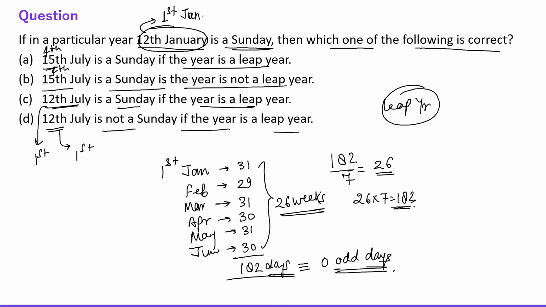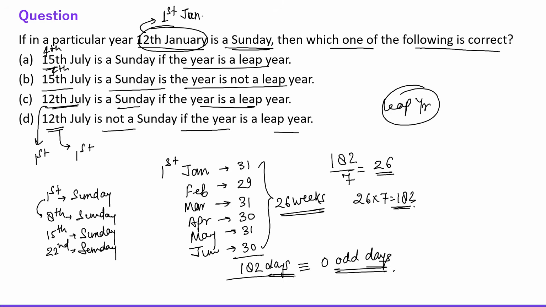So when we are adding complete weeks, for example, if the first of any month is Sunday, after 7 days, the 8th will again be Sunday, or 8 plus 7, the 15th is again Sunday, or the 22nd is again Sunday.